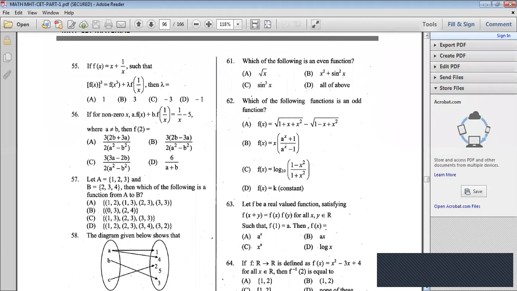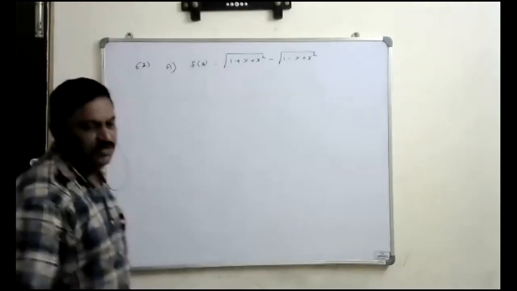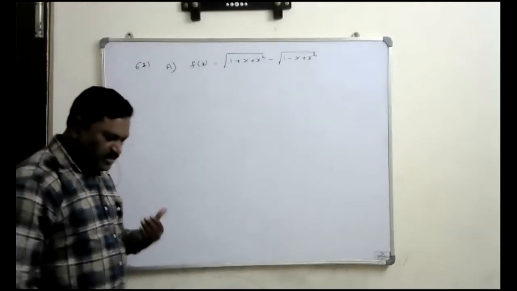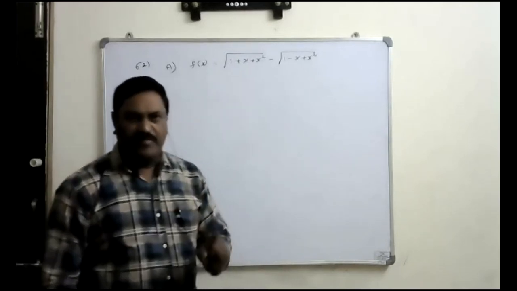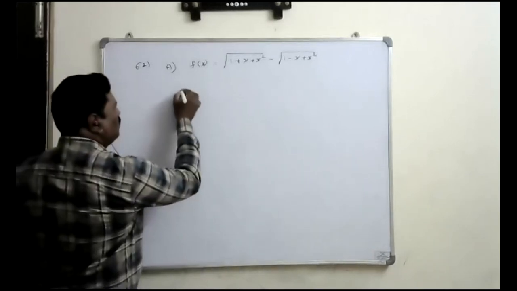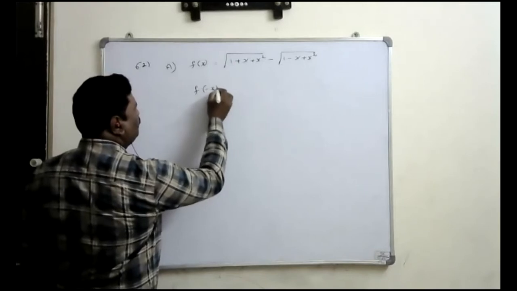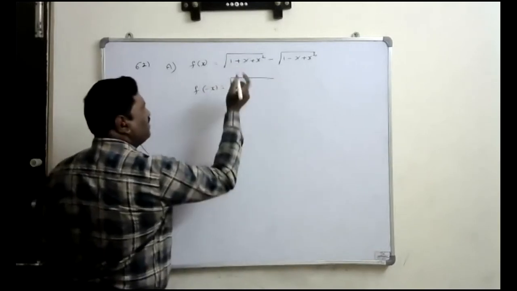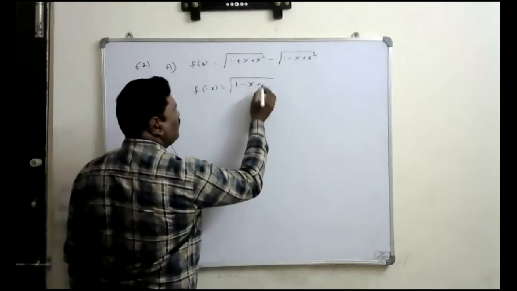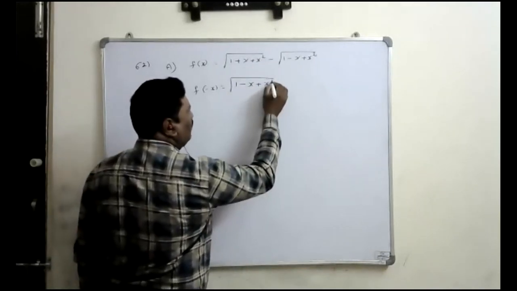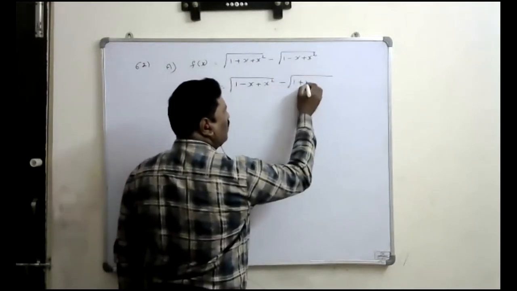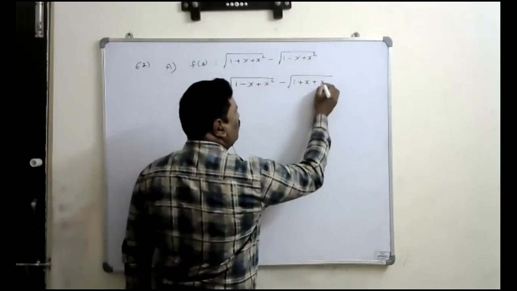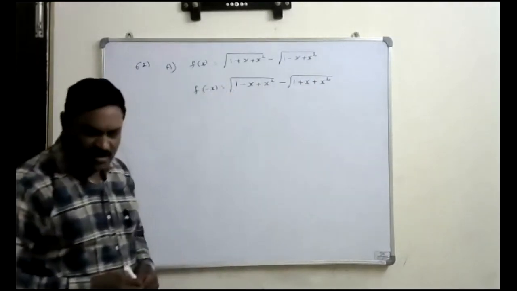We will check whether it is even or odd. To check that, replace x by minus x. So f of minus x is equal to root over 1 minus x plus minus x whole square, that is x square again, minus root over 1 plus x plus minus x whole square, that is x square. The function changes like that.